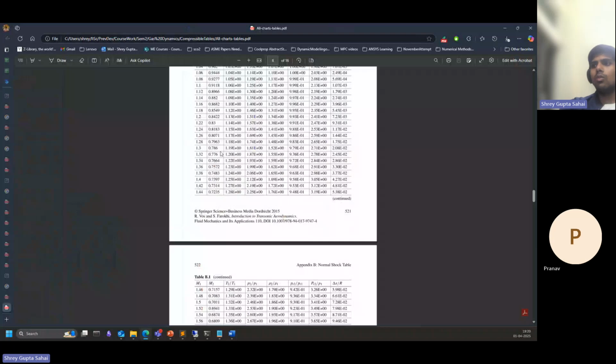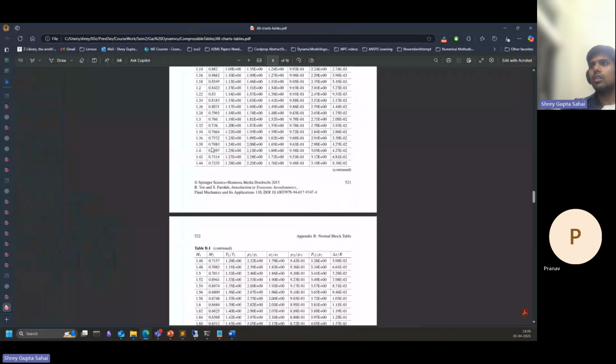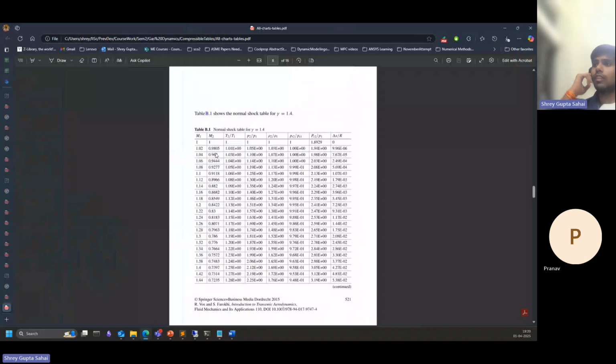So now M2 is 1.05. So you use stagnation static values, right? You use P2 by P1 here. You can see my screen, right? You use this value. So you are also getting M2 as 1.05, right? Nearly the same, 1.04 something.